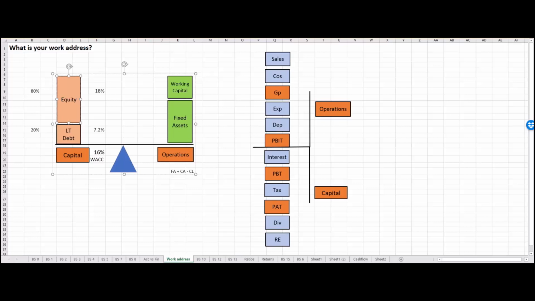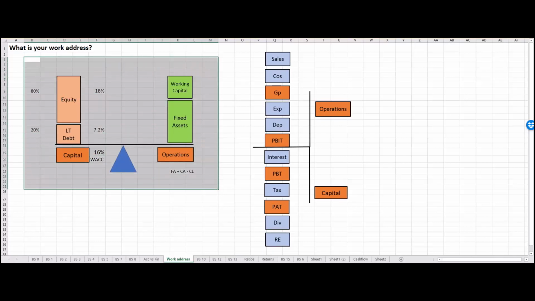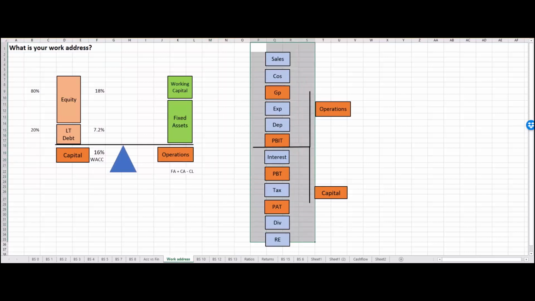However, the CEO, who I put in the capital suburb, actually has a responsibility for the entire organization, and one might suggest that the CEO lives or works in the capital suburb and the operations suburb and has a house on every single street of the income statement, hence the broad responsibility.